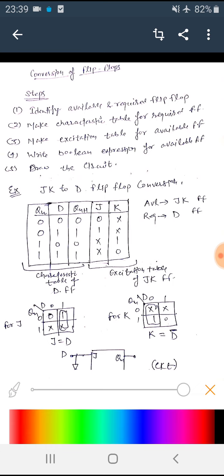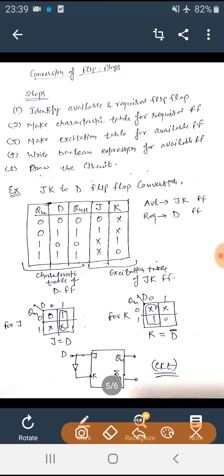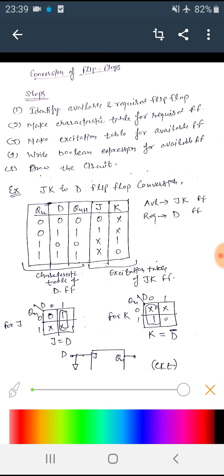We can summarize these steps again, because it is a very important topic and questions often come from this topic in university examinations. Our first step is to identify the available and required flip-flops, because if you swap the available and required flip-flops, the answer would certainly be wrong.